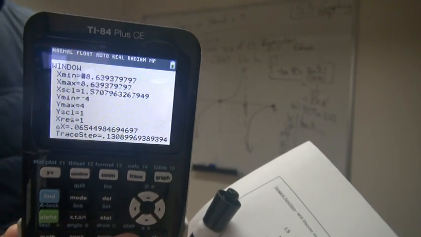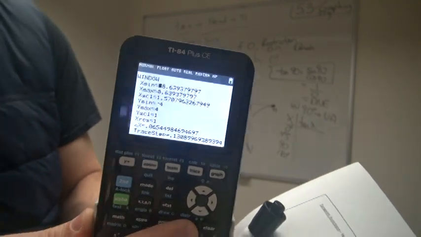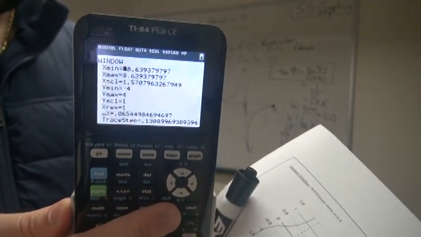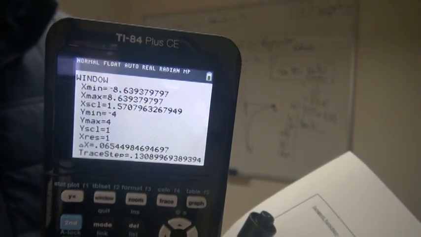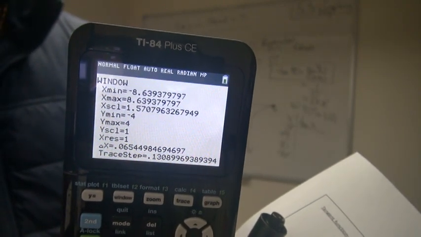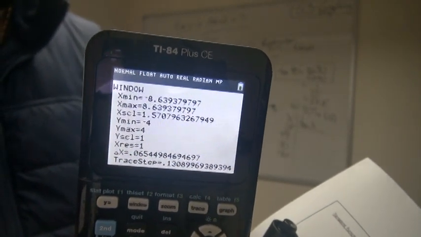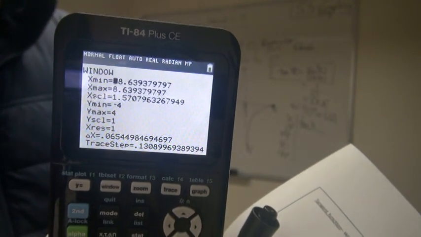When it says x min is negative 6 point something, what it's doing is calculating the minimum and maximum values of x based on pi. So if you think of pi as 3.14, 2 times 3.14 would be 6 point whateverness. So that's what the calculator is doing.